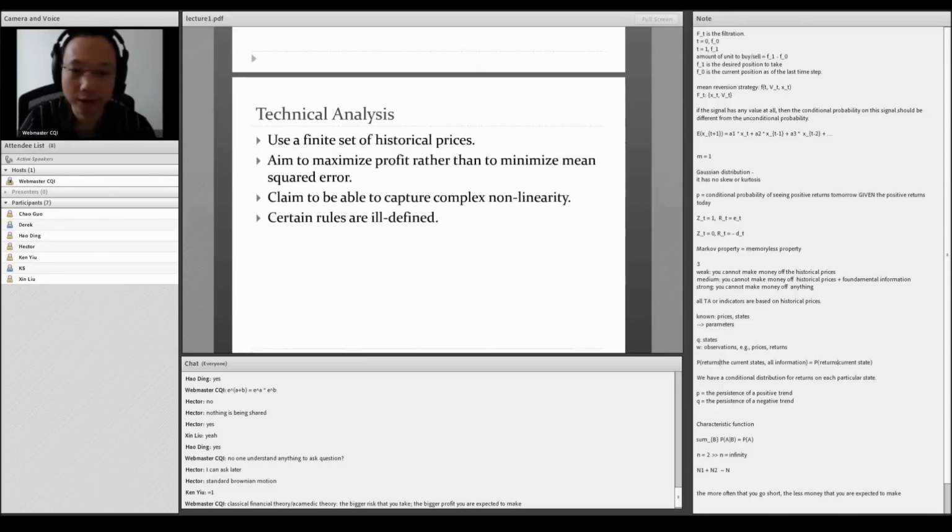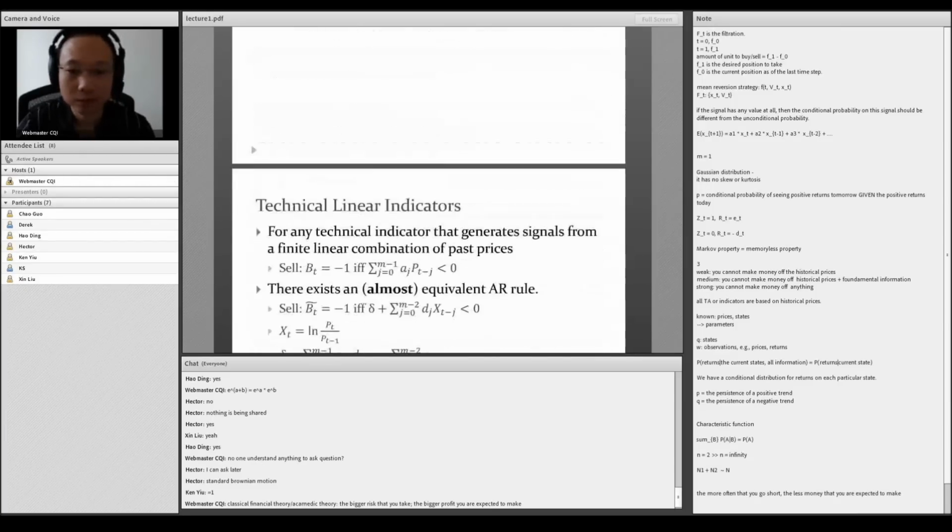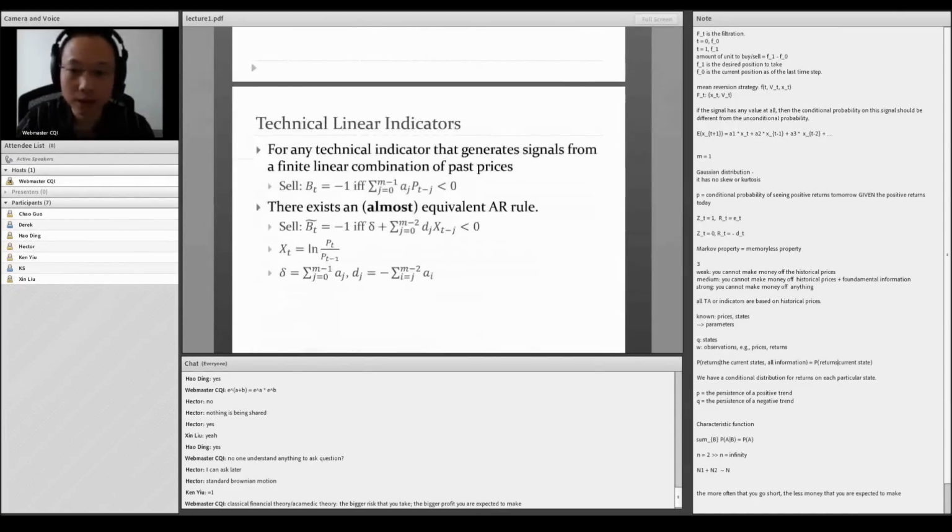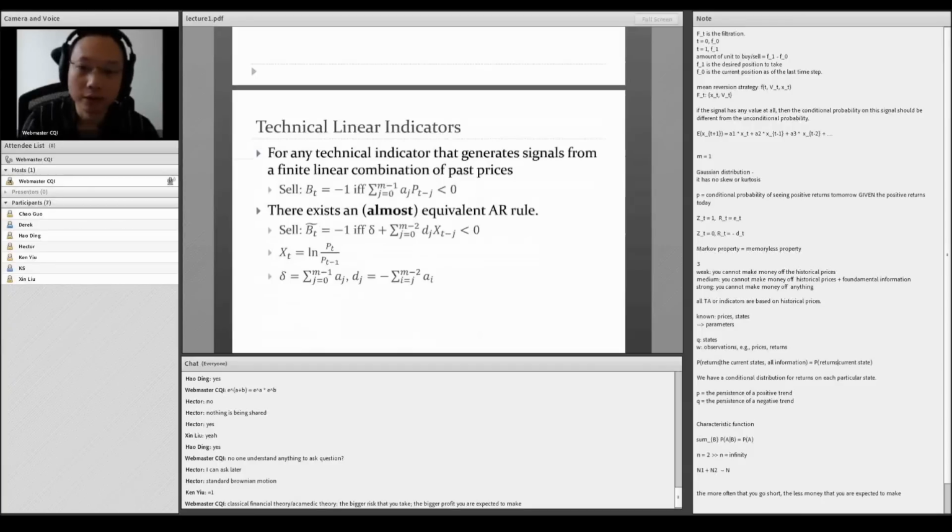By the way, we wrote the technical indicator rules in terms of prices, but we can also equivalently write them in terms of returns. All you have to do is to take the log return of the prices and do some algebra, then you can convert it.